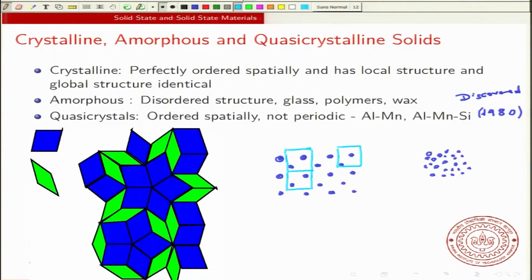Almost the entire course we are going to be talking about crystalline solids, though I should emphasize that there is a lot of interest in amorphous materials, and by no means is this the entire spectrum of all solid materials. But for this course we will be mostly focusing on crystalline solids, and we will be seeing how to understand this spatial ordering in the crystal.